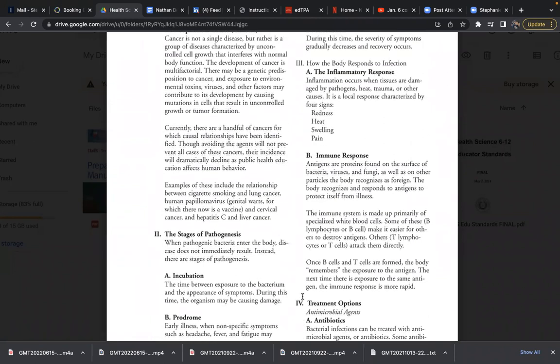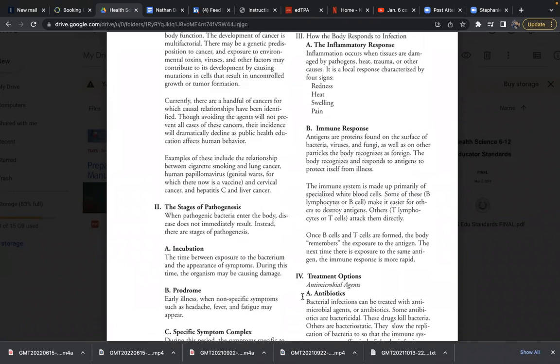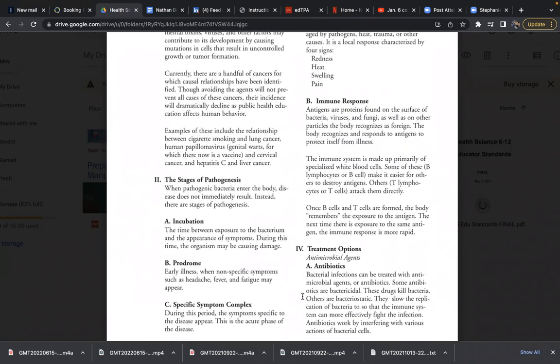Certainly the stages of pathogenesis, incubation, and to be able to talk about those things in context, even with the COVID virus, you know what I mean? The way that you would utilize something like this would be when you're teaching them these concepts, you would, whenever possible, try to illustrate the process of pathogenesis with something that they're familiar with, like chickenpox or the coronavirus, or something like food poisoning.